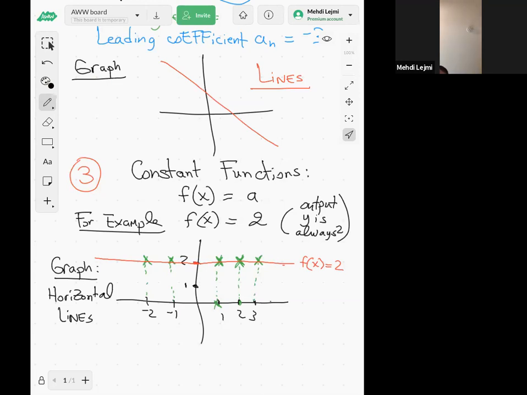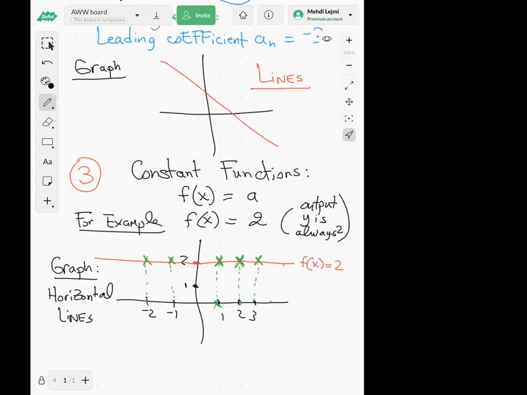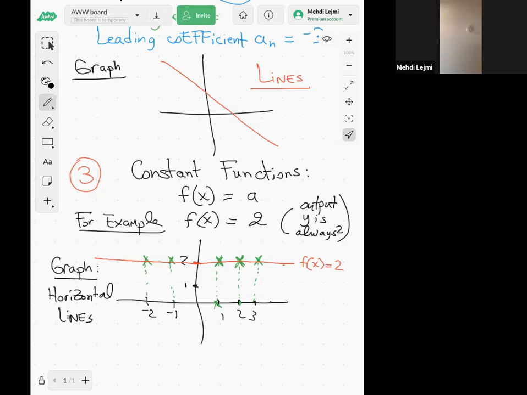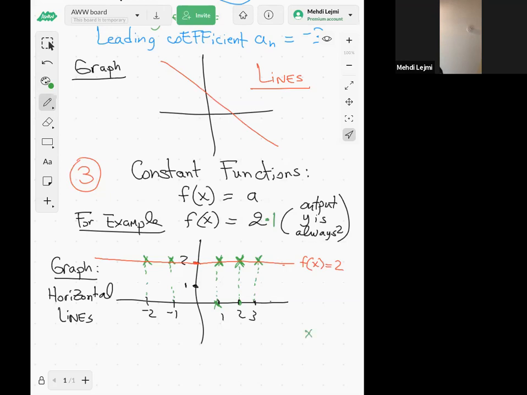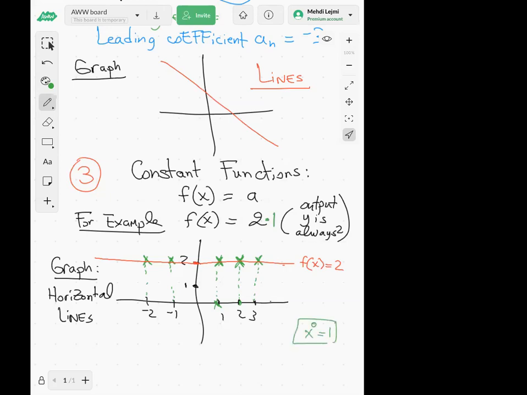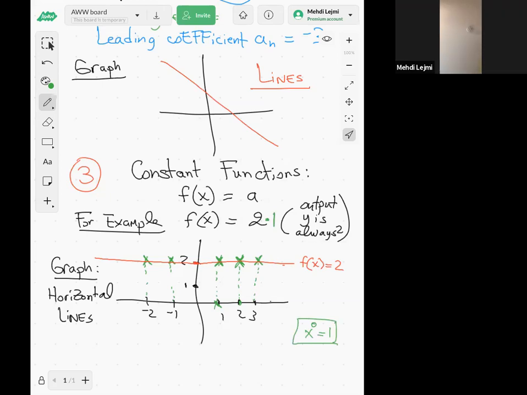So the question is, is this a polynomial? Well, f of x is equal to 2, but you can write 2 as 2 times 1. But remember, guys, we said x to the power 0 is equal to 1, because any non-zero number to the power 0 is 1. So f of x, which is 2 times 1, is actually 2 times x to the power 0. So my degree, my highest power of x, is just 0.